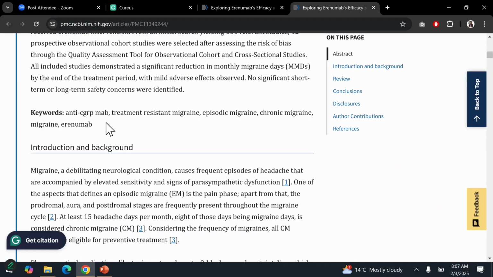So for myself, it was erenumab. And like I told you, for specific drugs, you cannot have many keywords because it is the drug name. You can just add the group name of that drug, for example, anti-CGRP monoclonal antibody. The second concept was migraine. So I had more keywords for that, like treatment resistant migraine, episodic migraine, chronic migraine, or just migraine.